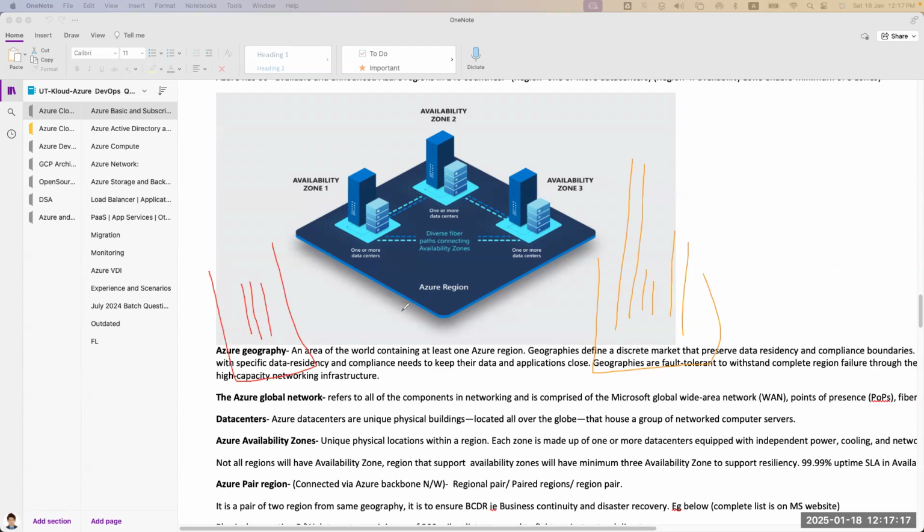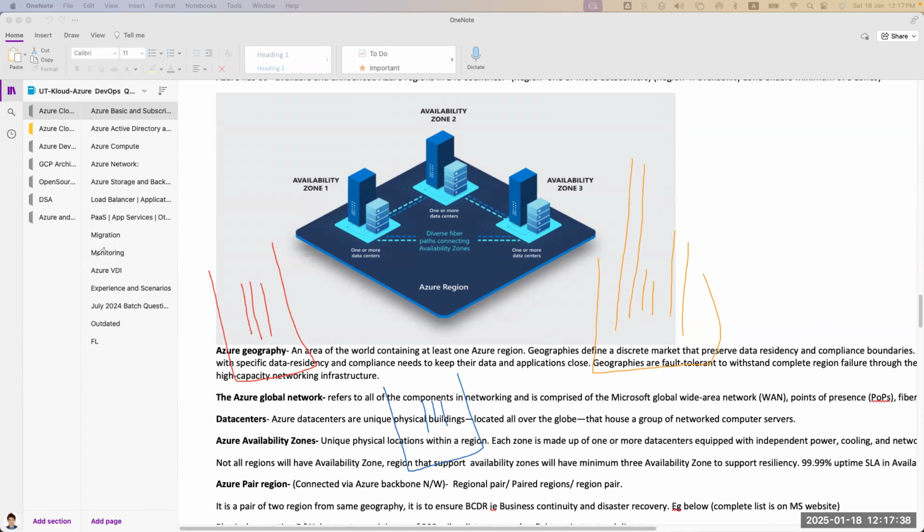Okay. So let's say this is your fault domain 1. This is your fault domain 2. This is your fault domain 3. And you have multiple racks here.